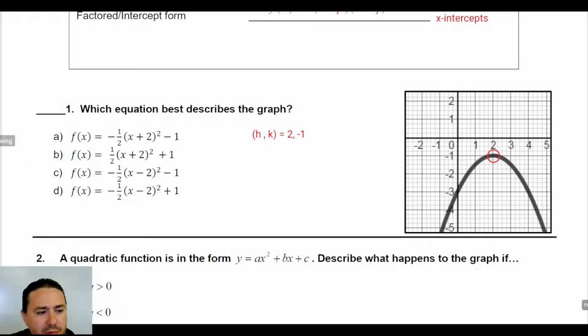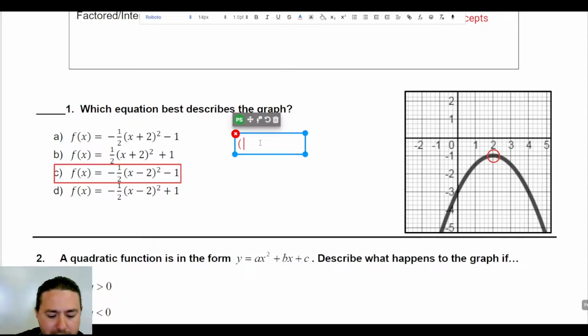The only option at this point would be choice C. Wait a minute, what happened? I deleted my little note there. Okay, let me put that back in. h, k is 2 comma negative 1.